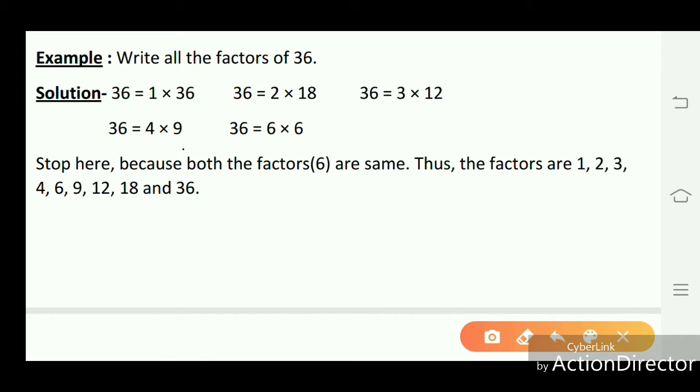Stop here because both factors 6 are the same. Thus the factors are 1, 2, 3, 4, 6, 9, 12, 18 and 36.